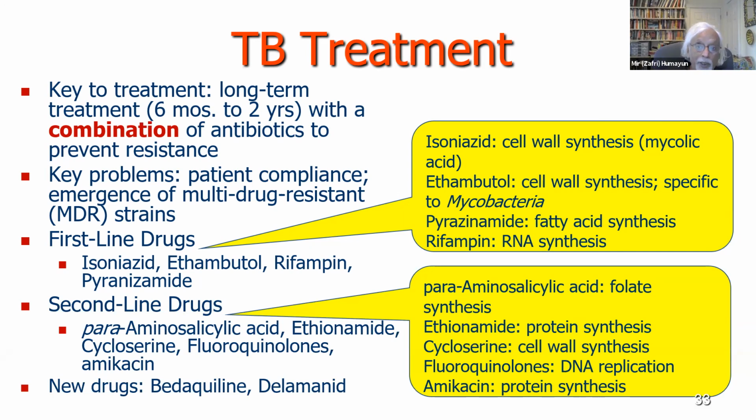The second important thing to remember is that TB treatment is almost always with a combination of drugs. That is in order to prevent resistance to antibiotics. Okay, so because of these features, there are certain problems in treating patients, and the most important of them is patient compliance.